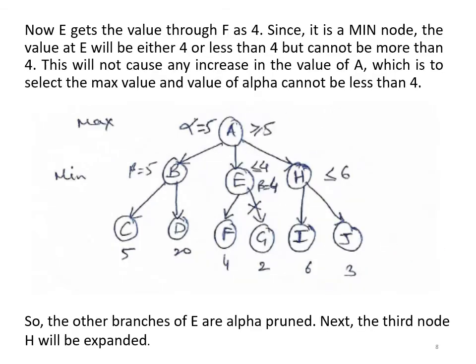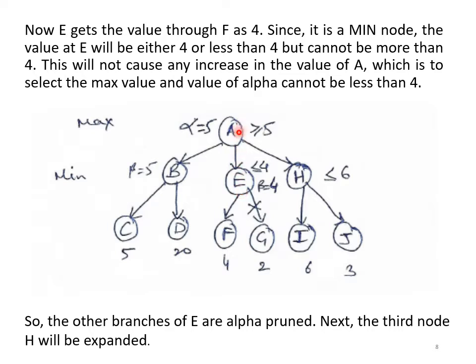E is the opponent's turn, so E will take the minimum value. So it will take the minimum value from F and G, but first of all it takes the left value. The left value of F is equal to 4, so we assign this value, beta equal to 4. It means the value of beta here on E will be 4 or less than 4, but not greater than 4.